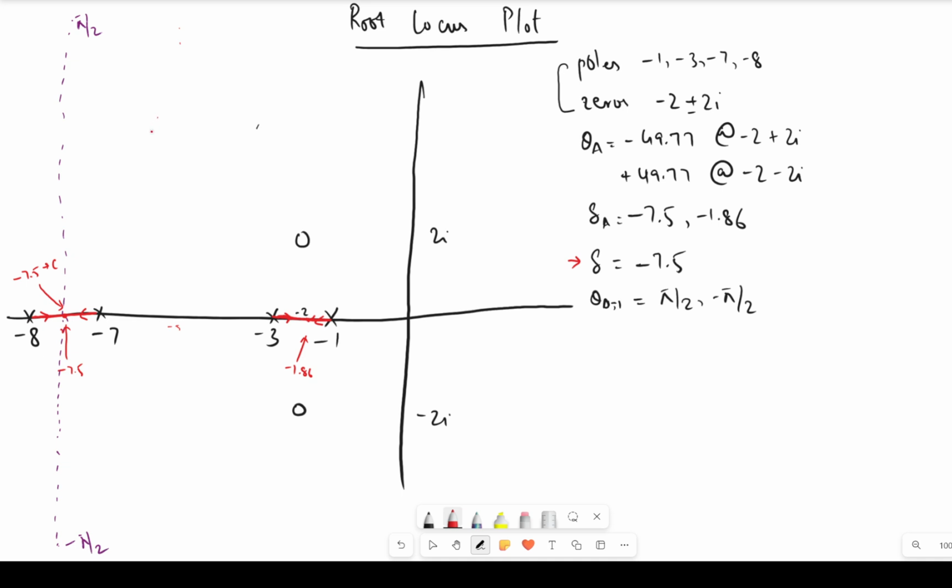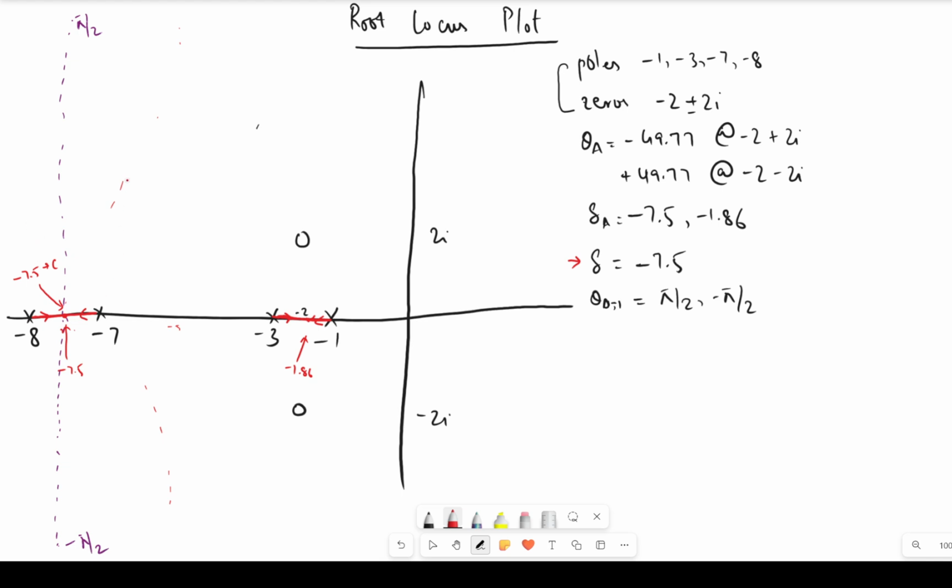So they'll go here. It's just for the sake of understanding. So the locus follows the angle of asymptote at the centroid. The breakaway only tells where they collide, but the centroid and the theta tell where they will go.